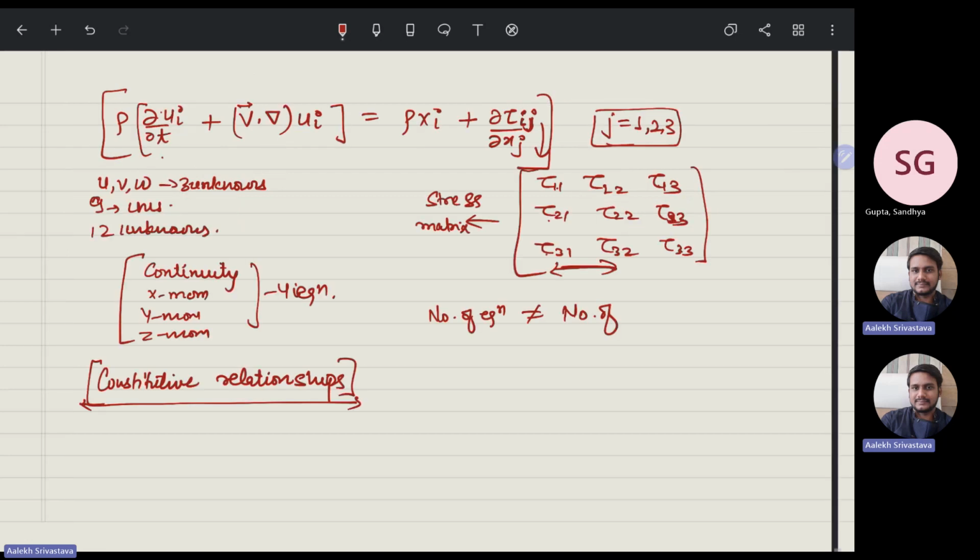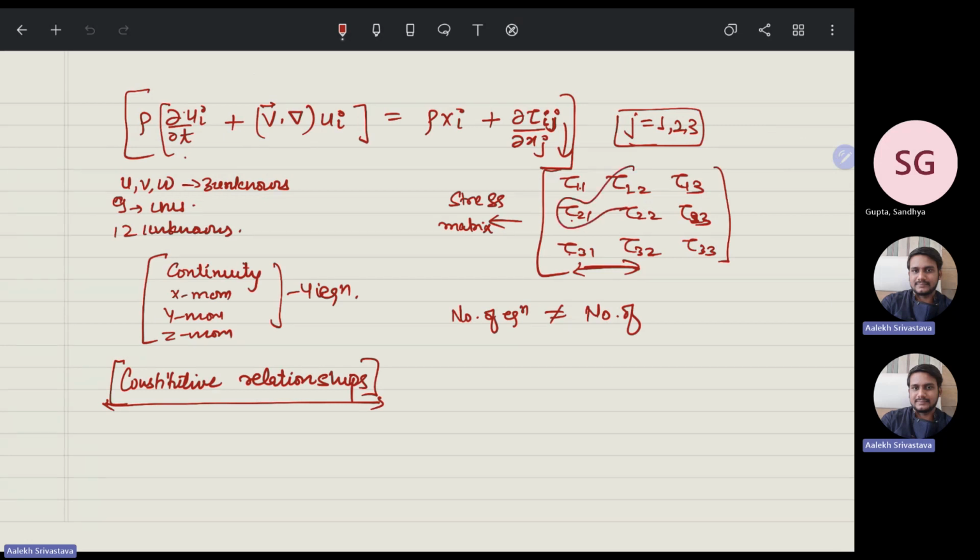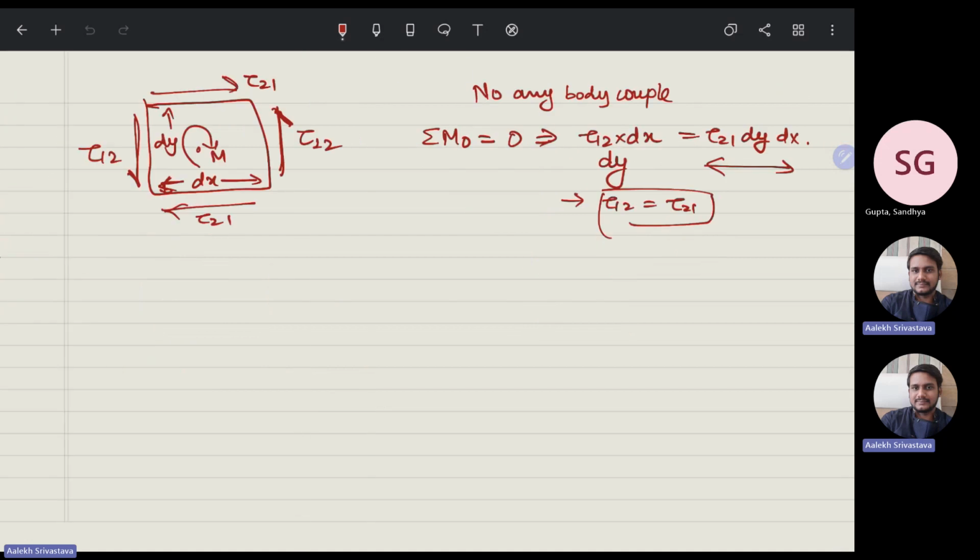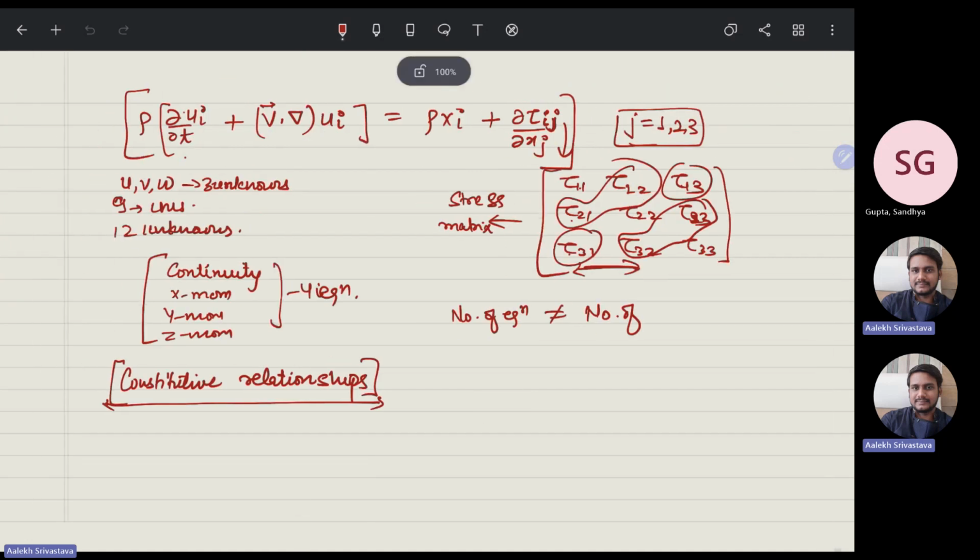Hence, the number of equations has reduced. So these terms are equal: tau 1 2 is equal to tau 2 1, tau 3 2 is equal to tau 2 3, and tau 3 1 is equal to tau 1 3.